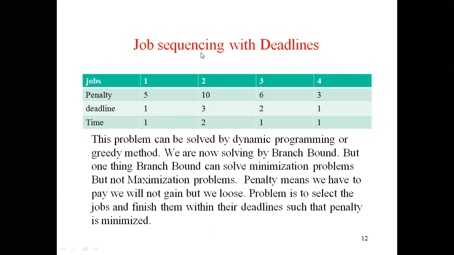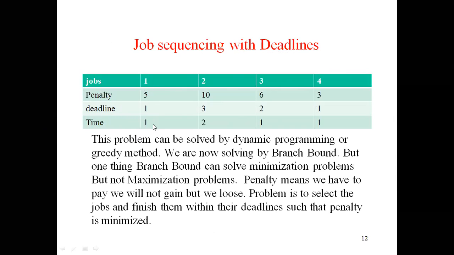Now see the job sequencing with deadlines. The problem is given in the form of a table. So we have the jobs 1, 2, 3, 4 in the job index, and the penalty of each job if the job is not completed within that particular deadline. The deadlines are given, and the time of processing each job.